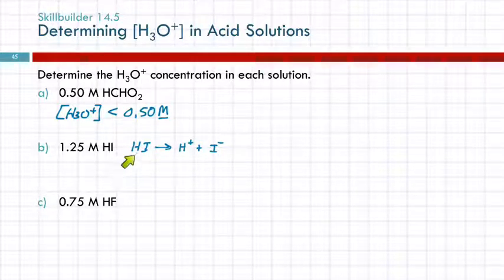There's none of this left. And all of these hydrogen ions are going to ride piggyback on a water molecule, so they're all going to really be hydronium ions. So the concentration of hydronium ions is equal to the concentration of the acid. So it equals 1.25.